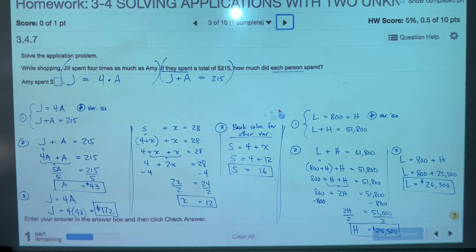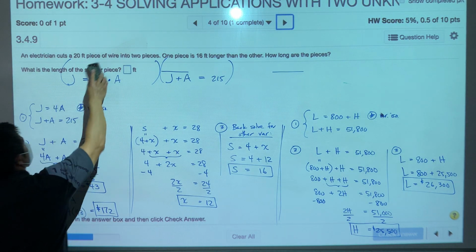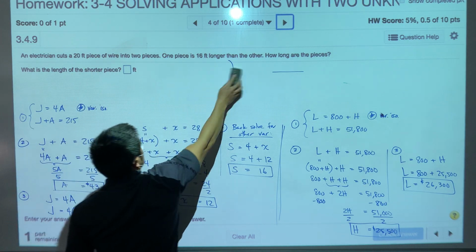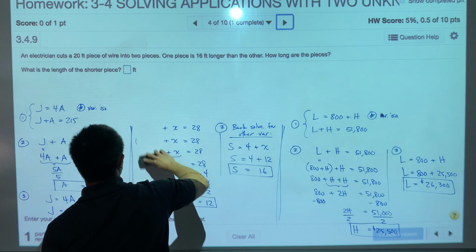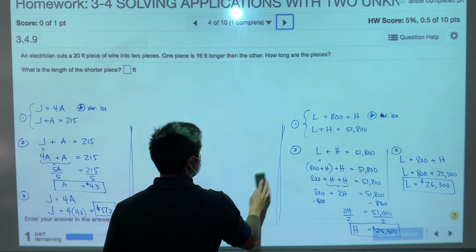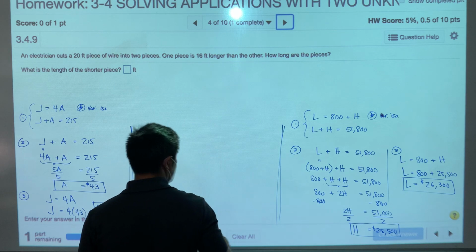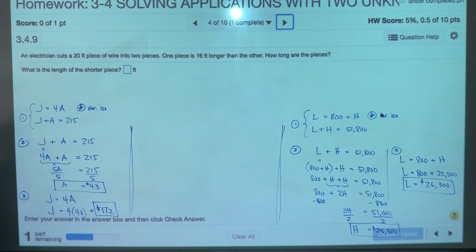Okay, number 4. Okay, let's see. All right, an electrician cuts a 20-foot piece of wire into 2 pieces.